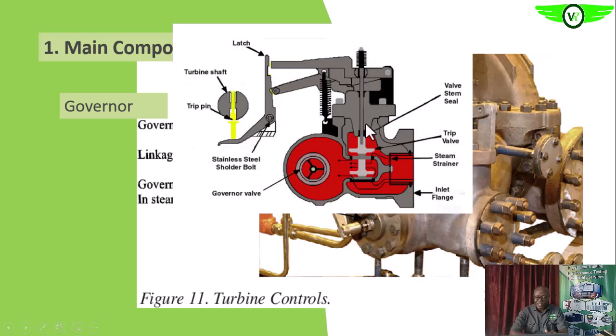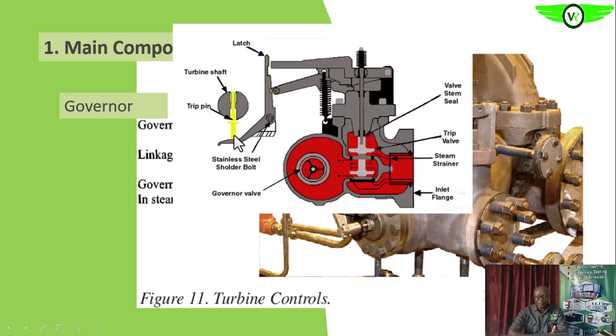If you look at this mechanism here, this is the trip mechanism. Remember, you have set this here, and this is tied to the turbine shaft. If the shaft speed is increasing, are you getting it? If it increases beyond the set limit, what will happen? The centrifugal force will help to push this trip pin out.